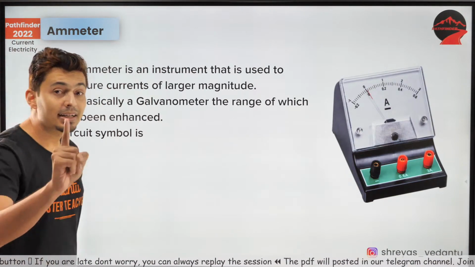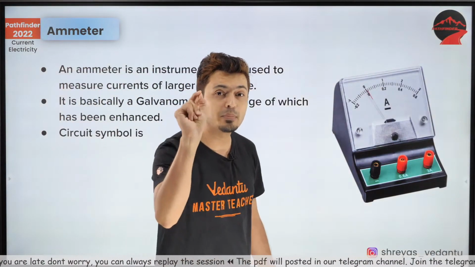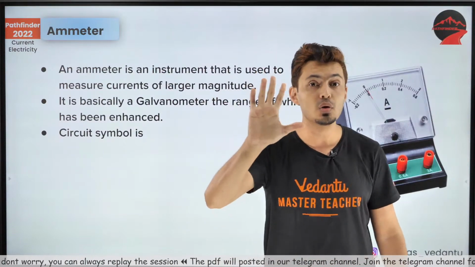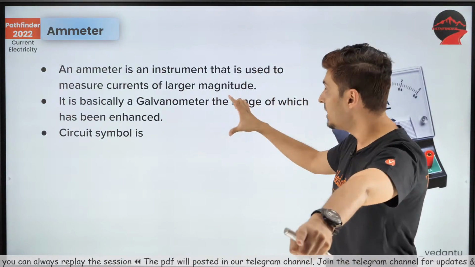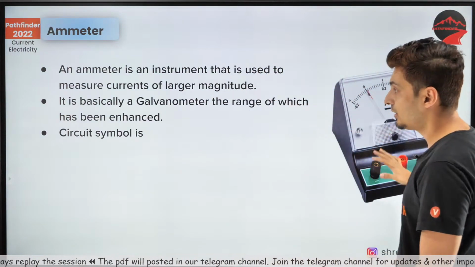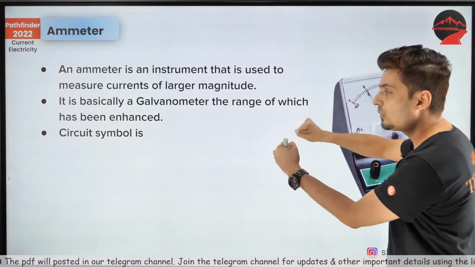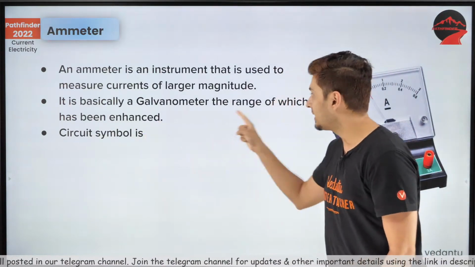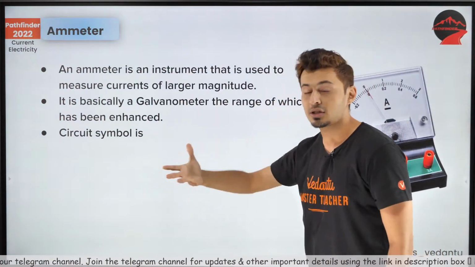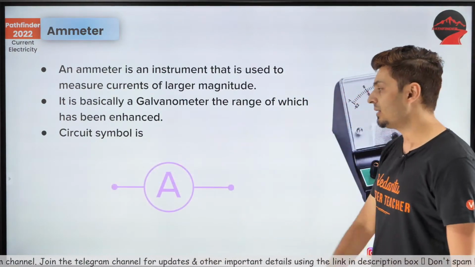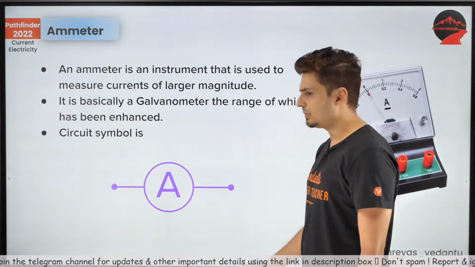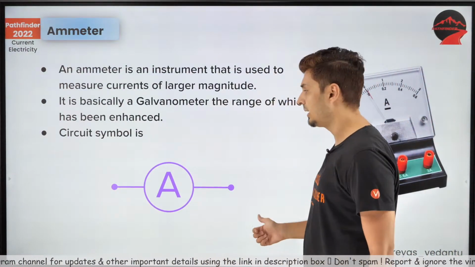But remember, a galvanometer can only measure small values of current, not huge values. So an ammeter measures currents of large magnitude, and it is nothing but a galvanometer with some modification, so that the range is enhanced, so that its capacity is enhanced, and the symbol for that is this one. That's pretty much standard. You would have seen this in your 9th or 10th grade.